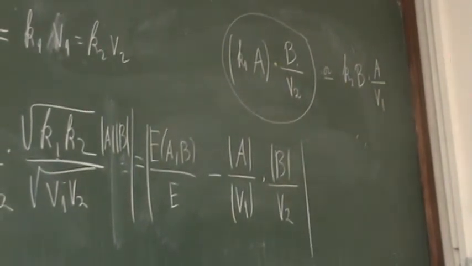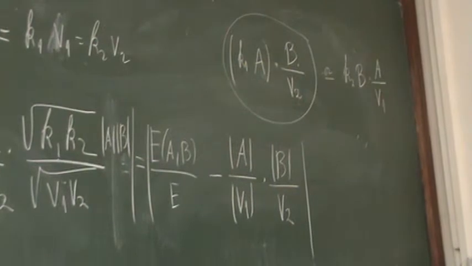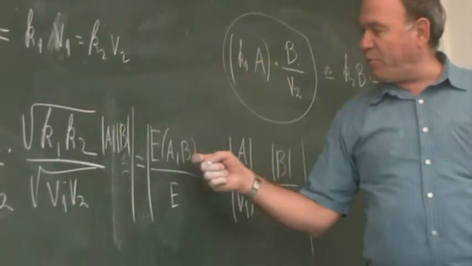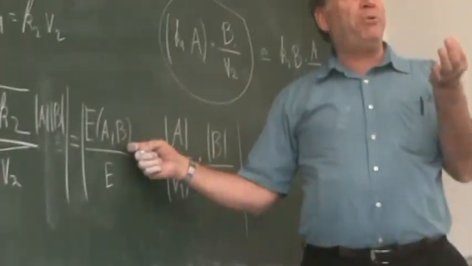It's really asking what is the fair share. What is the fair share of the edges from A to B? What is the proportion?